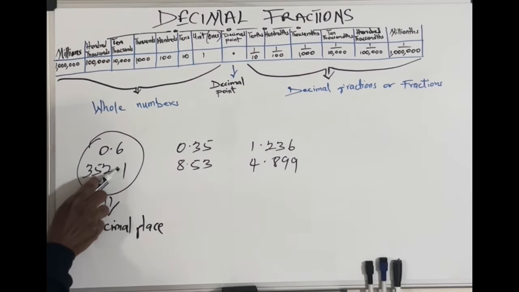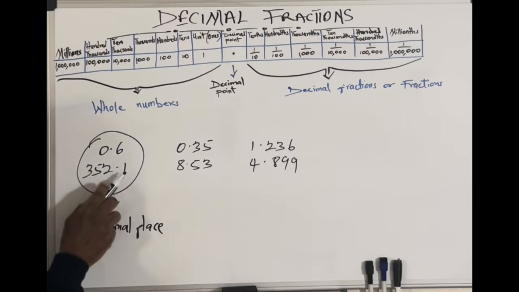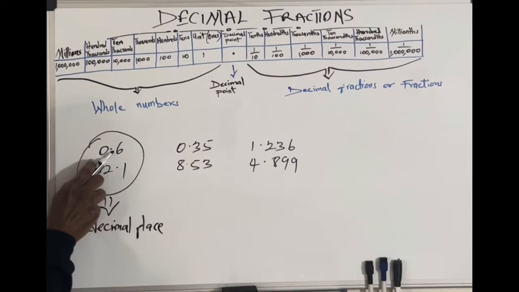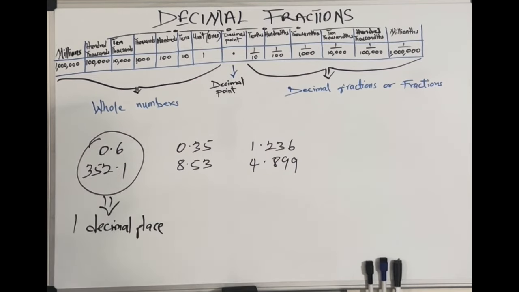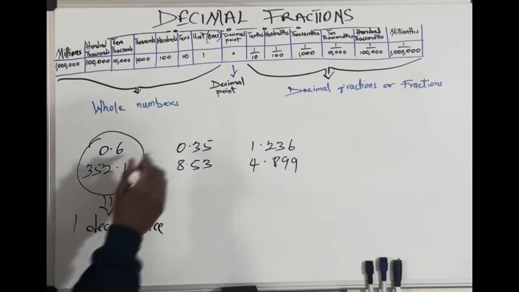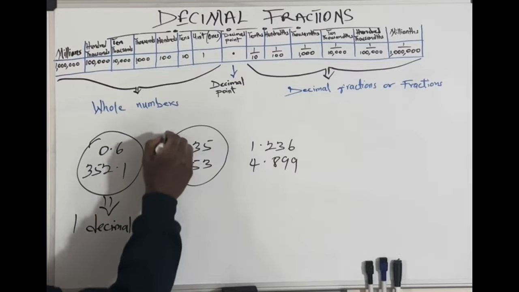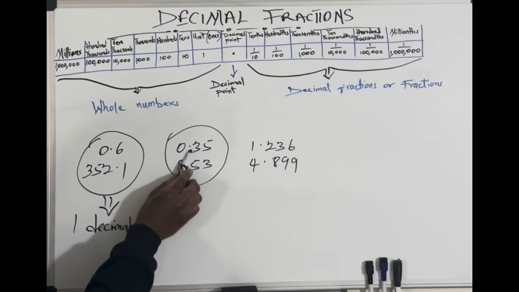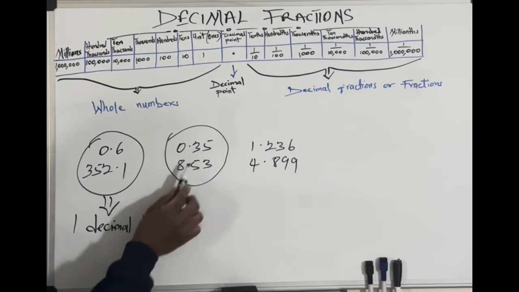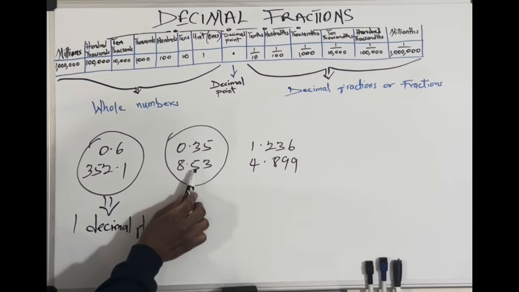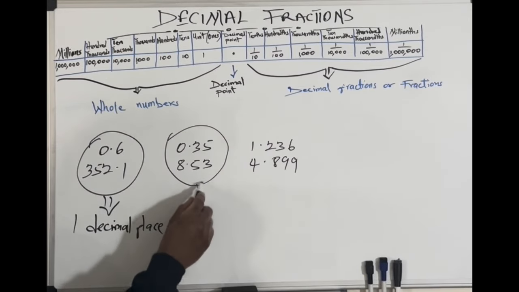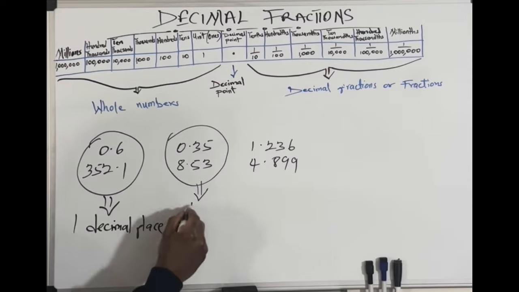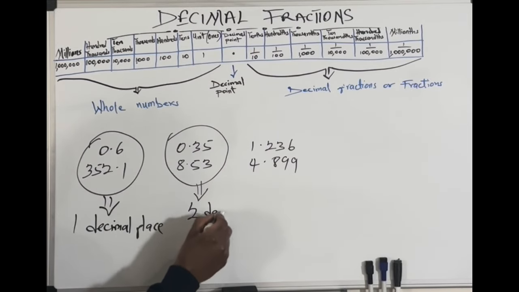Because after the decimal point, there is only one number. Okay? Alright, what about this? After the decimal point, there are two numbers, 3 and 5. So it is said to have two decimal places.